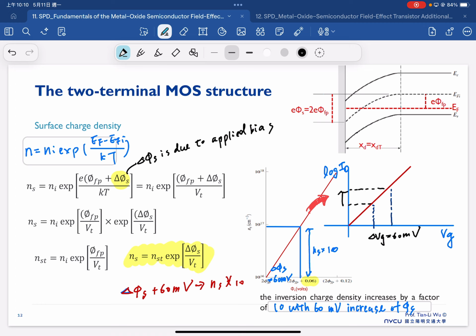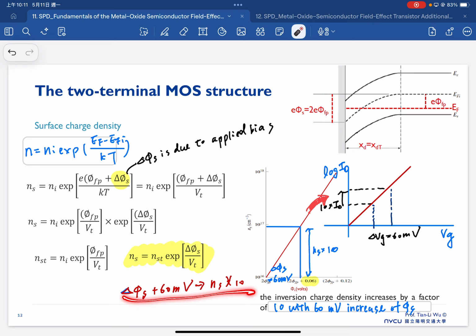We should have 10 times higher drain current. Right? It's the same conclusion from this equation, but now we extend it to the case we are more interested in, ID versus VG.